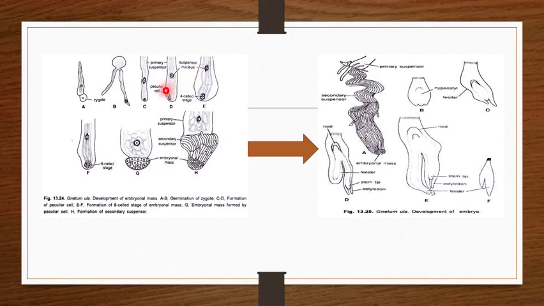The secondary suspensor and embryonal mass are differentiated from this group of cells. By this time, the wall of the tube starts to become thick.